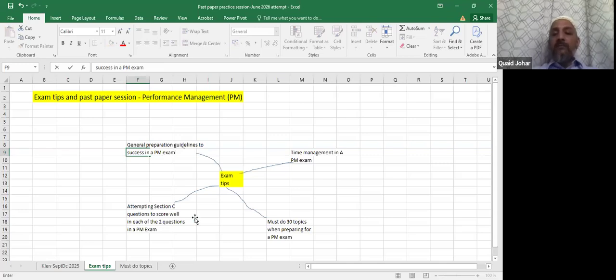Okay, now let's start with the time management session. Time management is very important. You should not go very fast and make mistakes. If you hurry up in an exam, you miss some requirements, some facts, some information which is in the question, and ultimately the question either goes wrong or it remains incomplete.